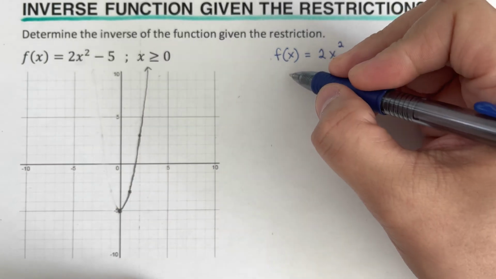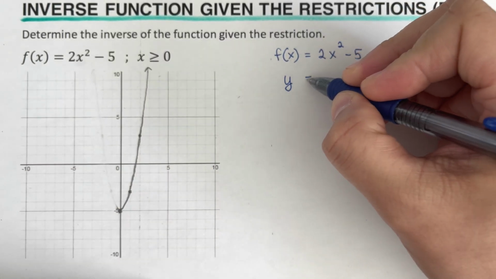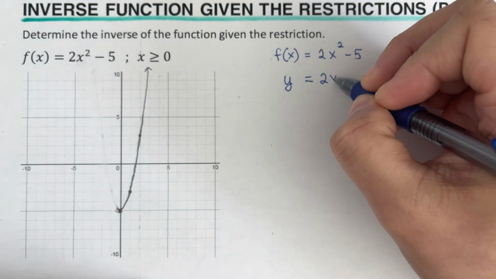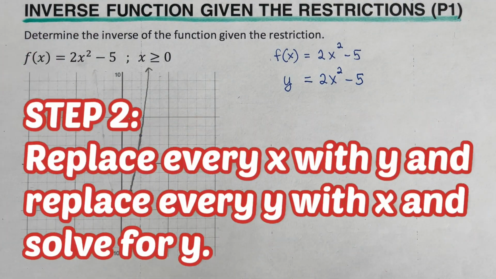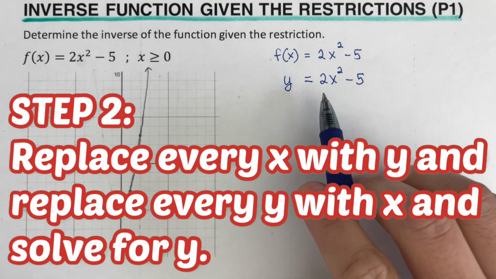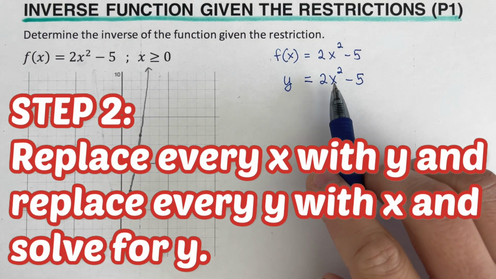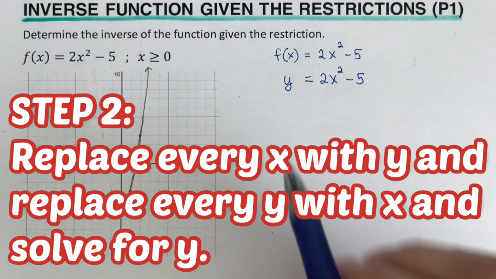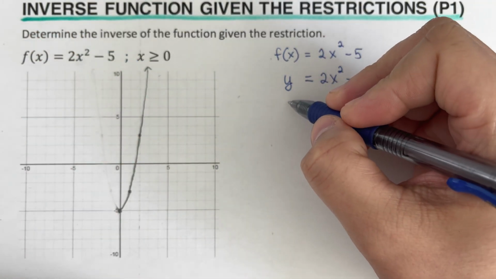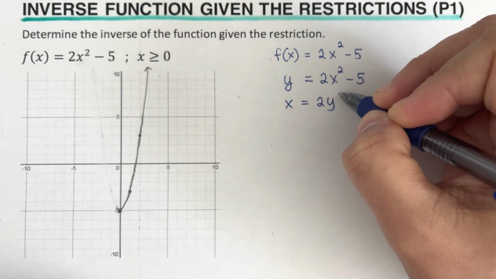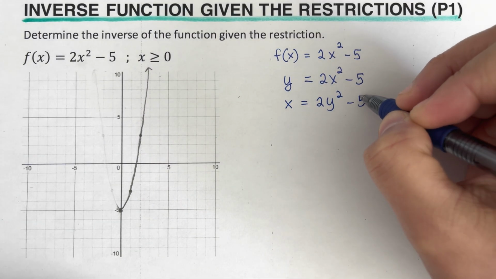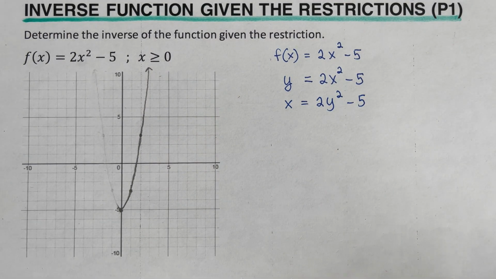So this f of x will become y, and that is equal to 2x squared minus 5. Now the second step is to replace every x with y and every y with x and solve for y. So this comes out as x is equal to 2y squared minus 5. So that's the second step.